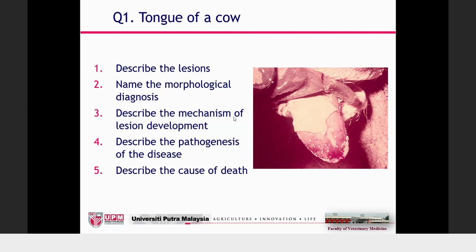But when it comes to pathogenesis, of course, they go further, where the ulceration invites secondary bacterial infection, septicemia, low venous return, low cardiac output, ischemic necrosis of vital organs, and then death of the animal. And describing the death is just the reverse of the pathogenesis.